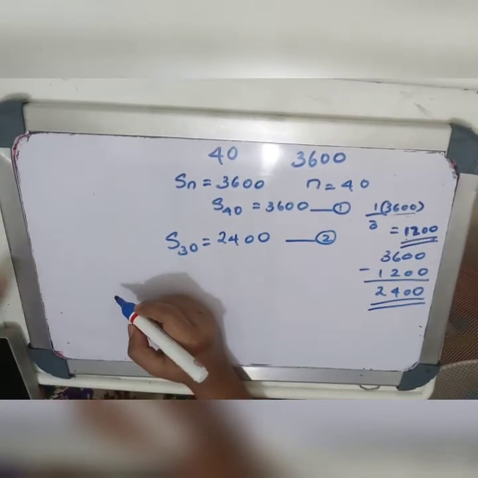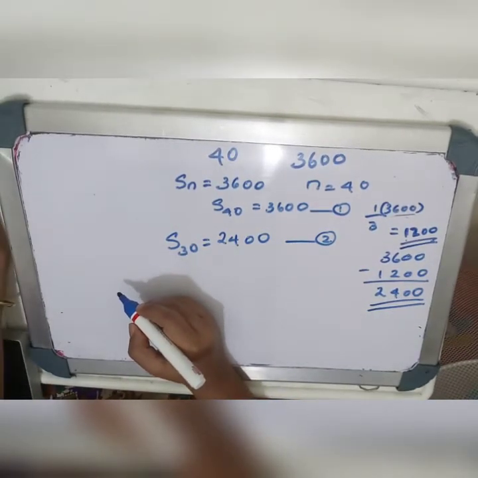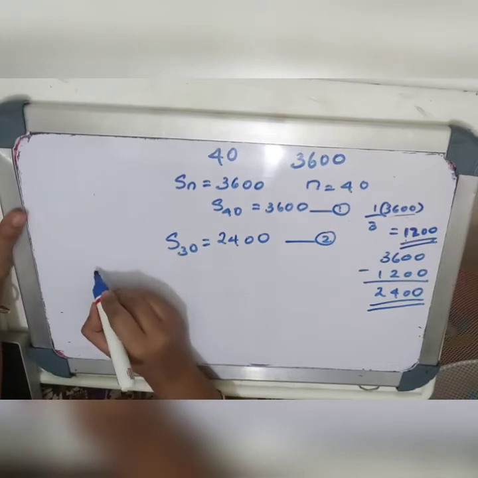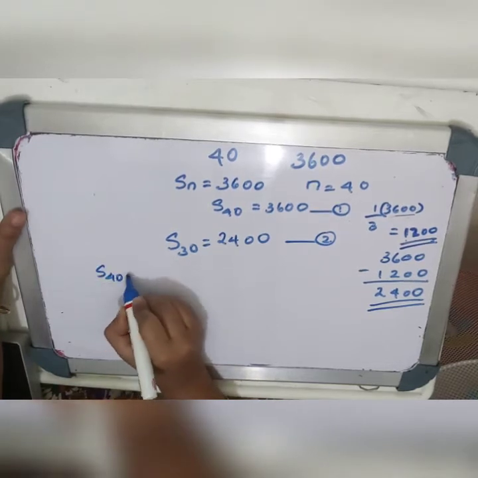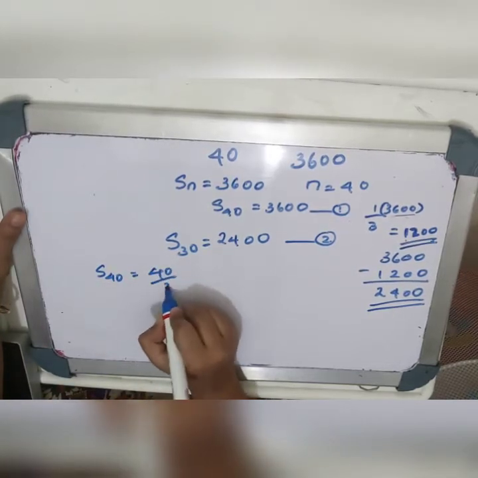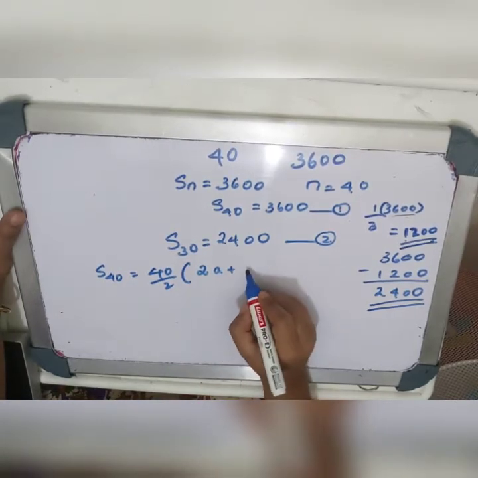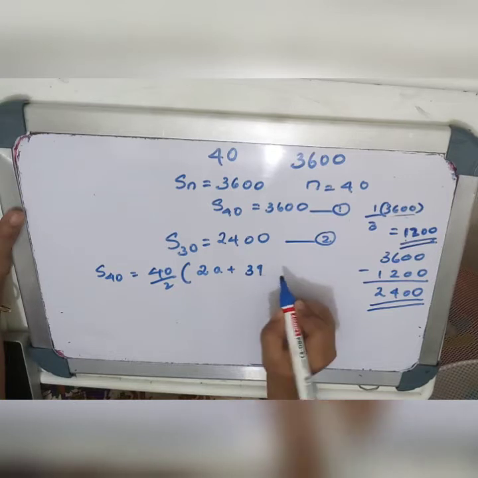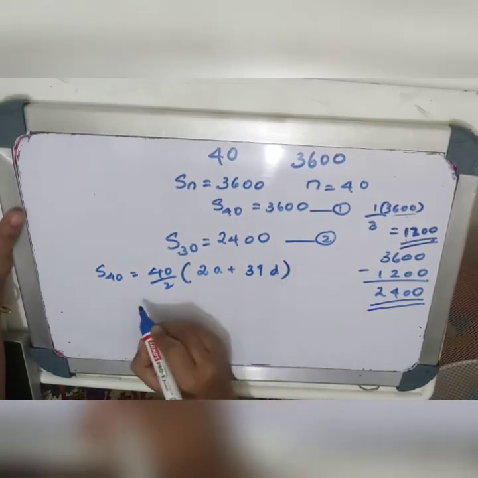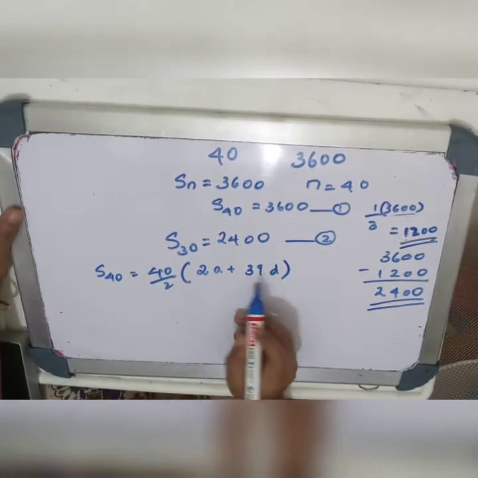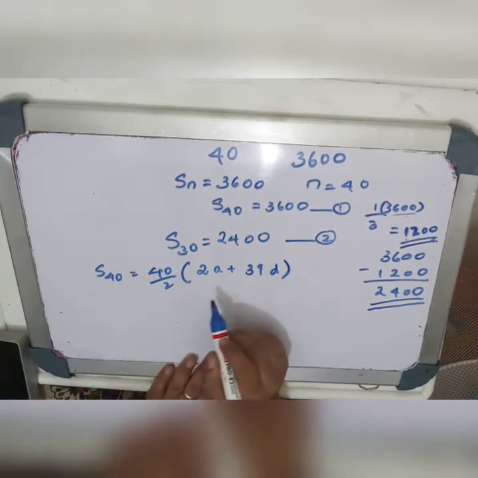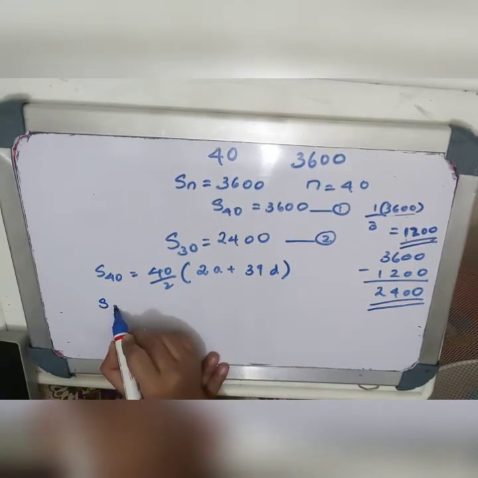Now let's substitute in the expression. S40 can be given as 40 by 2 into 2a plus 39d. We don't know the first installment paid and the common difference between installments. So a and d we don't know.